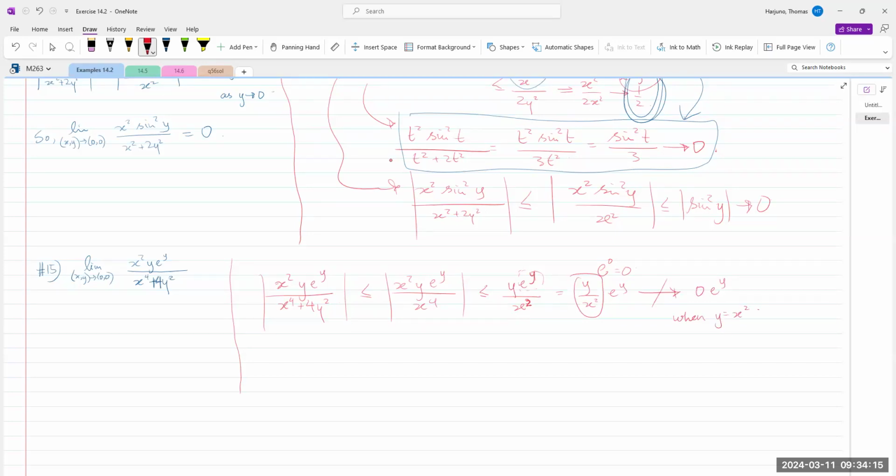In other words, when I try to approach using xy, when I use this path, this may not work. Okay, let's try. So replace x by t and y by t squared.